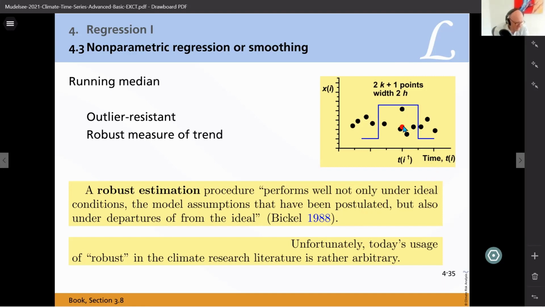Therefore, such a trend estimate based on the median is a robust measure of the trend. It is unaffected by the presence of outliers. And in chapter 6 of the book, and maybe in the lecture of Jana Silman, the first thing with climate extremes is detection. If you have a time series and you wonder which are the extremes, then you have to somehow impose detection criteria and employ detection parameters.